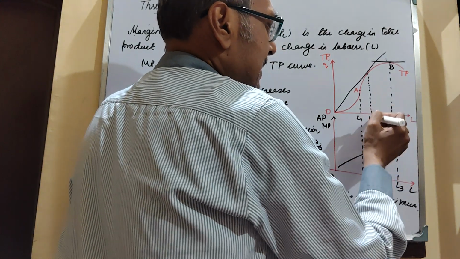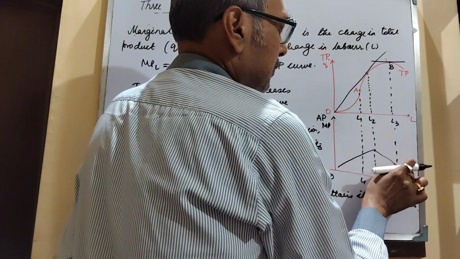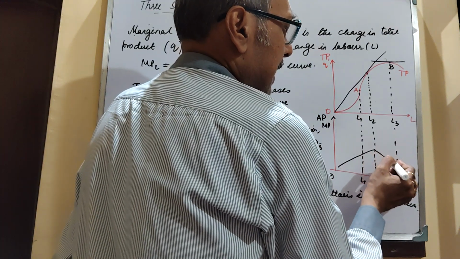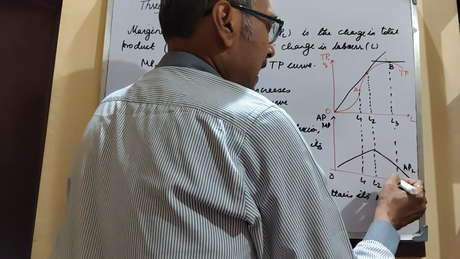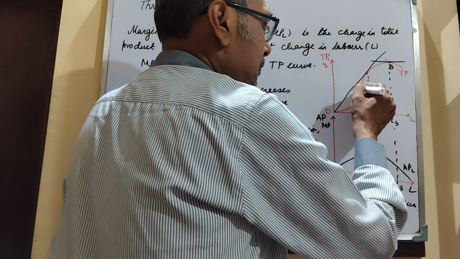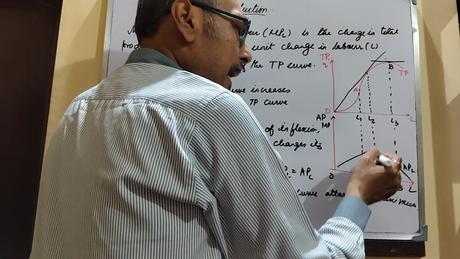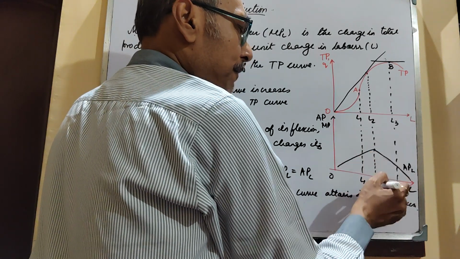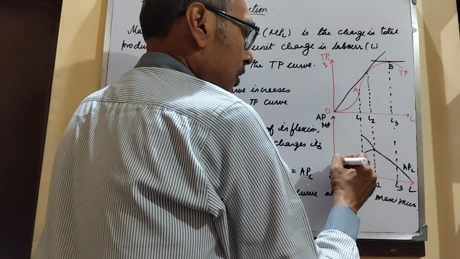It attains maximum at L2. This is the APL curve, and the MPL curve attains maximum at L1, which cuts the APL at this level of employment. That's L1 employment.